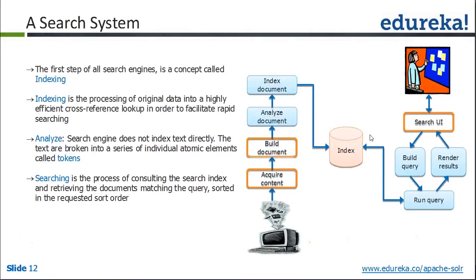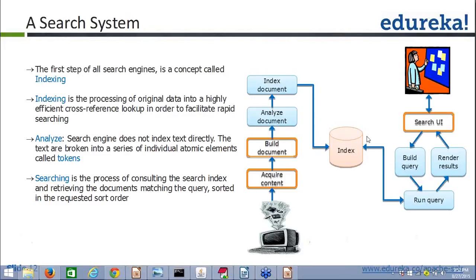Okay, all right. So how does this search system essentially look? If you look here, all the components which appear in blue are Solr's components. We have this source from which we might be picking a lot of documents.